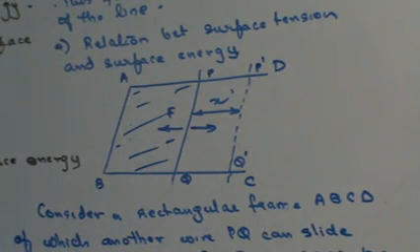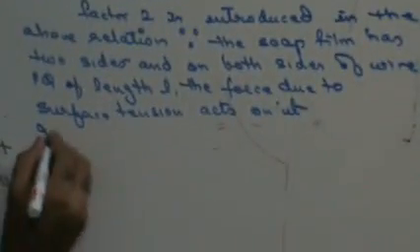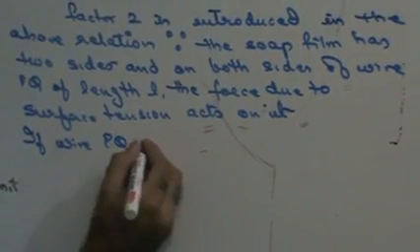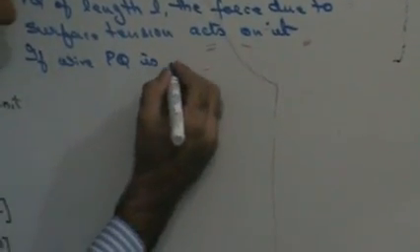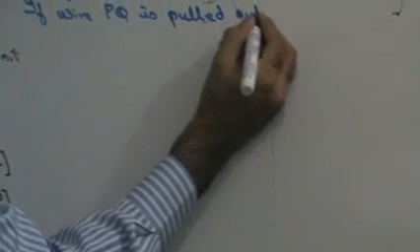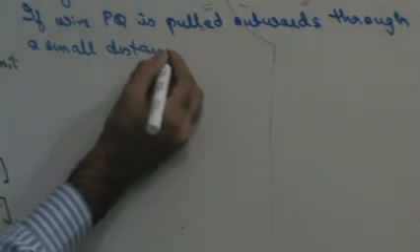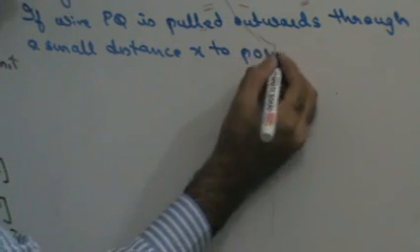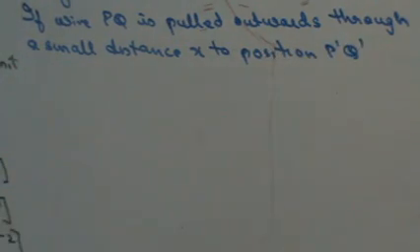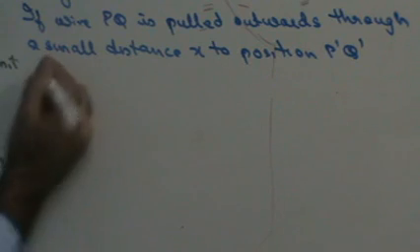So I can say that if wire PQ is pulled outwards a small distance x to position P bar Q bar, that means I have to apply some external force.